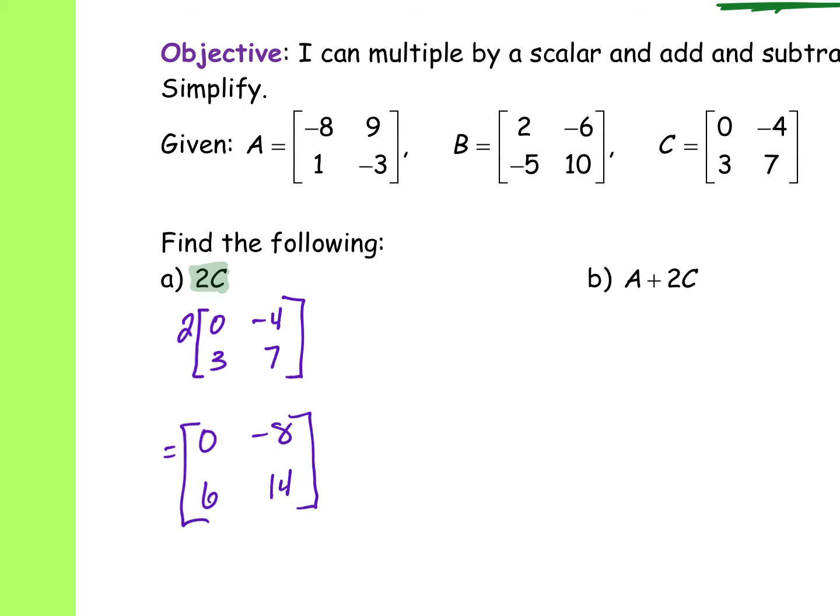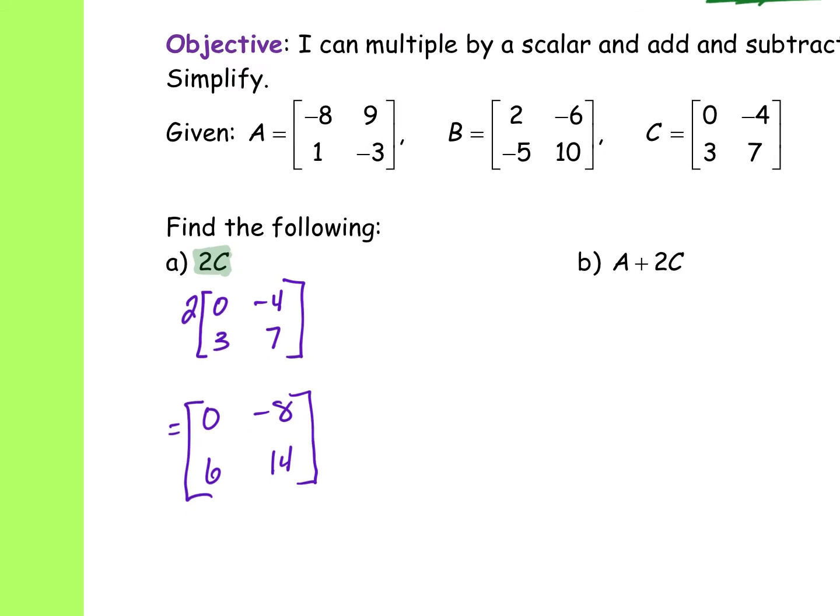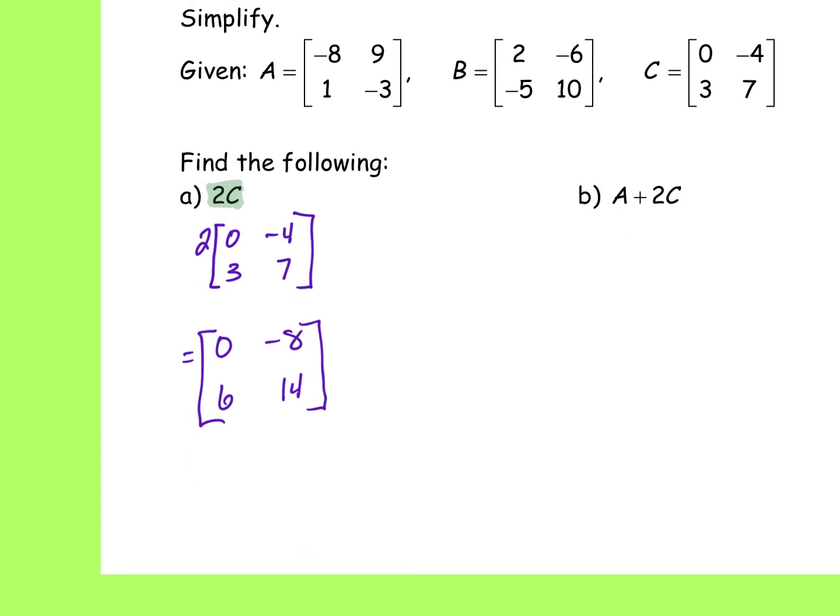Now remember, any other number works too. What if I said, let's say -6C. Let's change the color here so you can see it. I just want to do one more example like this. So that means I'm going to take C, and multiply by -6 this time. So that would be 0, -4, 3, and 7.